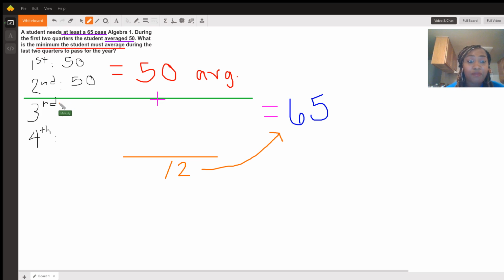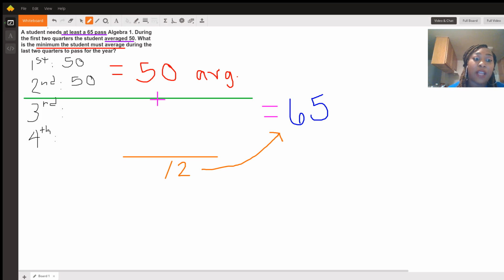So now, trying to figure out what the third and fourth quarters would be, you can play around with the numbers a little bit. I know I started with a number higher than 50 because obviously you can't put in a number lower than 50, because there's no way that you would get the number 65.